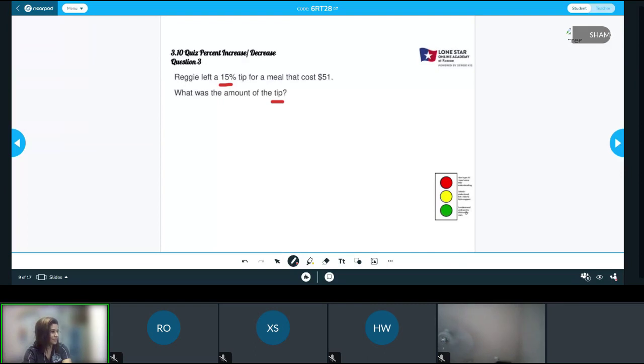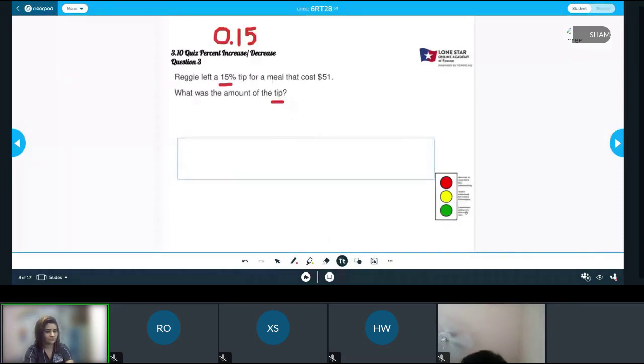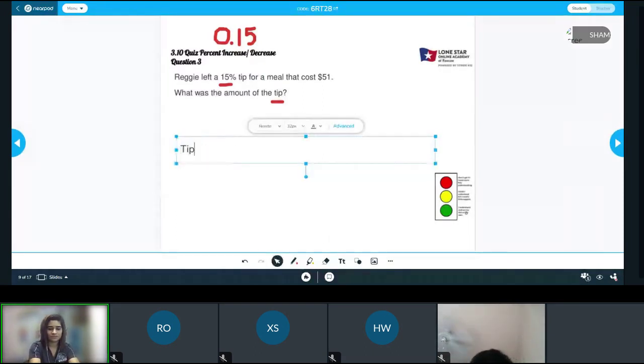Very good. 15% as a decimal is going to be 0.15. And you want to find the amount of tip. One step. Tip is $51 times the tip, 0.15. Go to the calculation. Tell me how much did you get for tip.